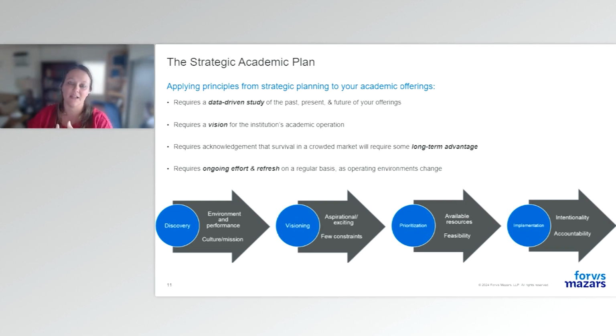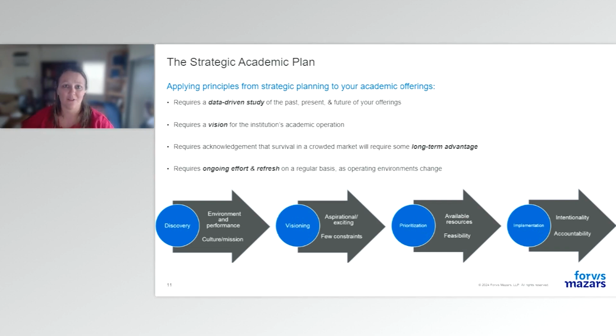It's the only way to really get a comprehensive picture of everything that a program is contributing to the institution. Of course, this is also where you'll really start to think about what our institutional culture has been, what our mission is, and how we're going to build an academic portfolio that wraps around those things strategically. I would also say, and this is one thing that can be missing even in an institution-wide strategic planning process, is a real case for visioning.